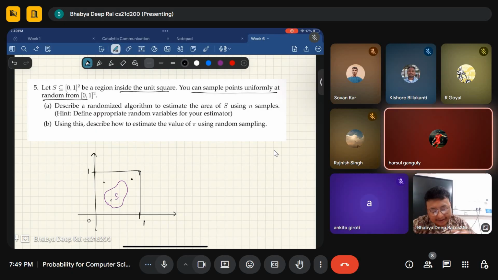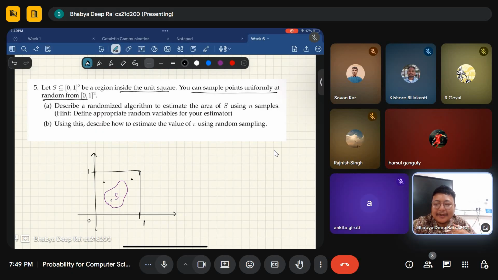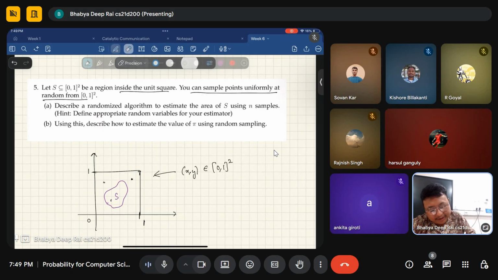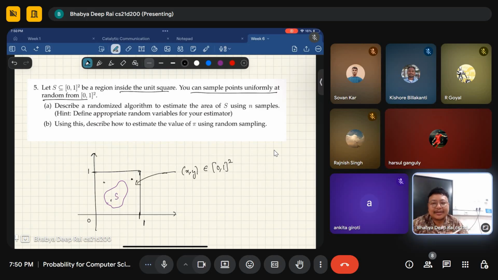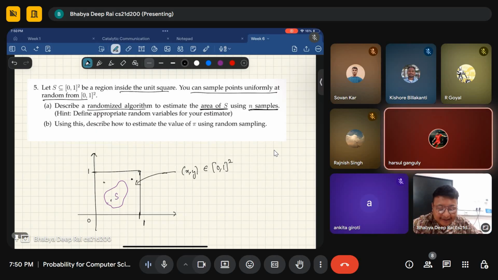There are infinitely many points, of course. You can sample points (x, y) at random, but only inside the square, maybe inside S or not. What you want to do is build a randomized algorithm to estimate the area of S using n samples.